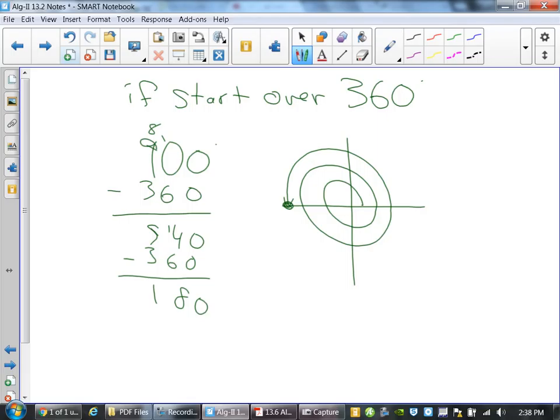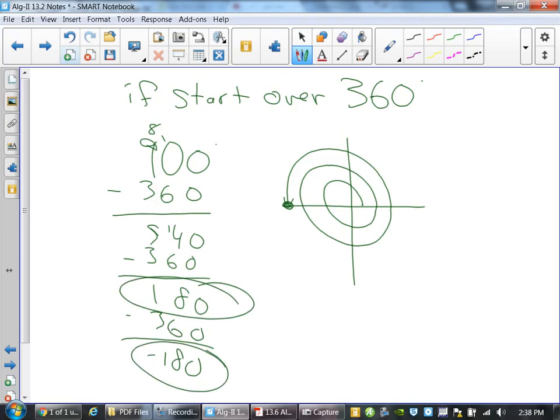And then it's subtracted again and you get negative. So here's your positive, here's your negative. If you were over 360 positive, you just subtract it until you're within one revolution. There's your positive. Subtract it one more time, there's your negative. Same deal goes if you're over 360 negative, you add 360 until you get one positive within a revolution, and then you add it one more time. Or within the one revolution of negative.